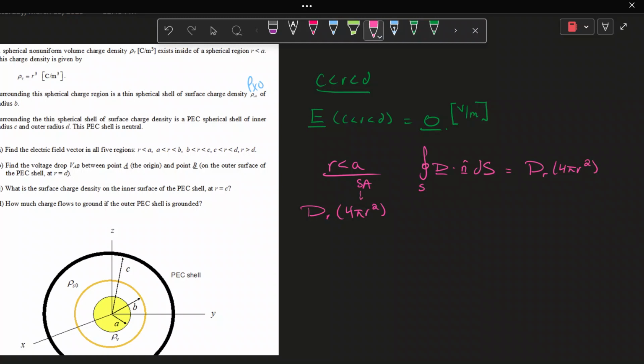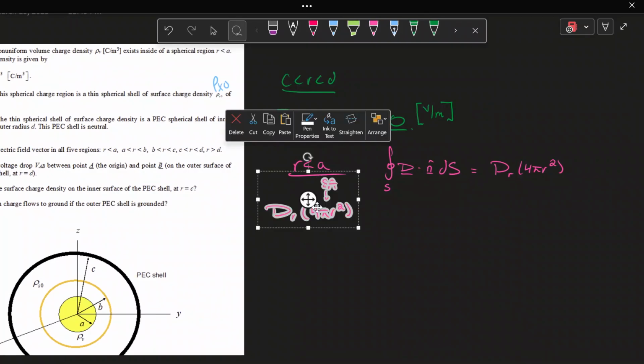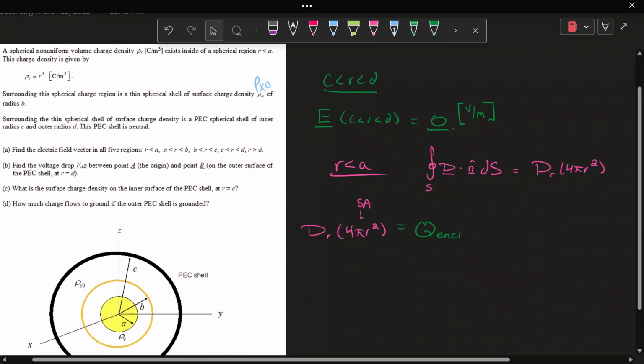This is the left-hand side, because on the right-hand side, you can set this equal to the enclosed charge, the charge that is inside of this surface area. How do we get this enclosed charge? We use the charge density we're given.